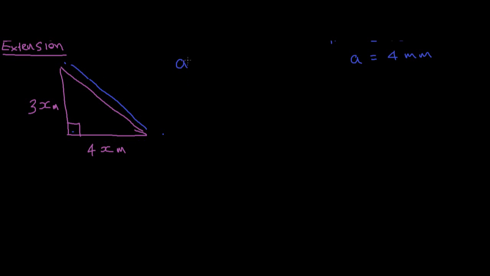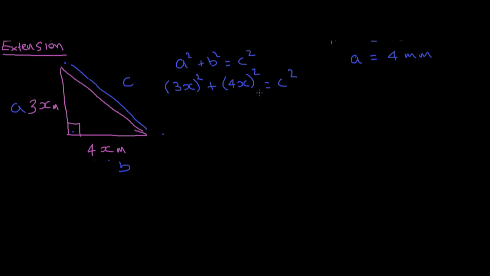So, write out your formula again. A squared plus B squared equals C squared. This is your C side. A, B, again it doesn't matter. You know, A is 3x, so what you want is 3x squared plus 4x squared is equal to C squared.